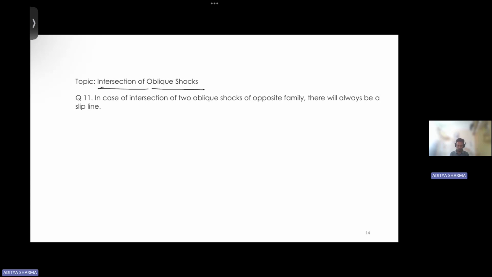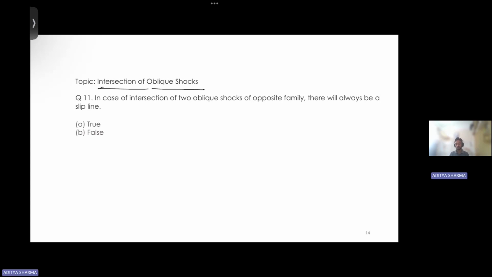So this is an interesting question, right? Whether there will always be a slip line in case of opposite family of oblique shocks. So this is a true or false type of question.